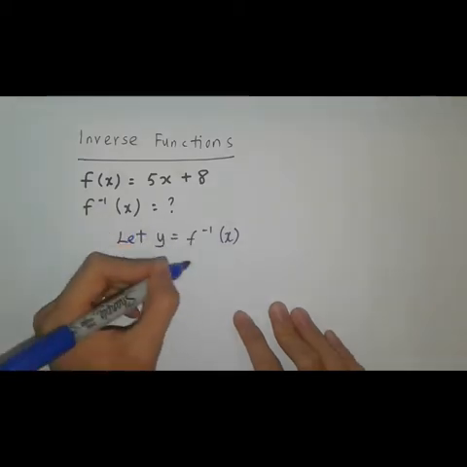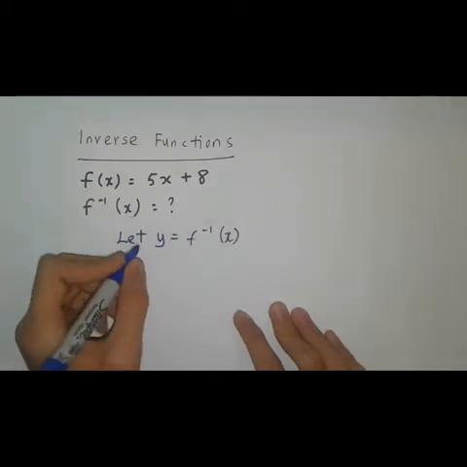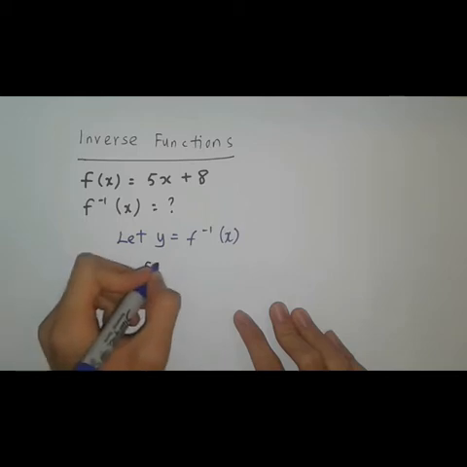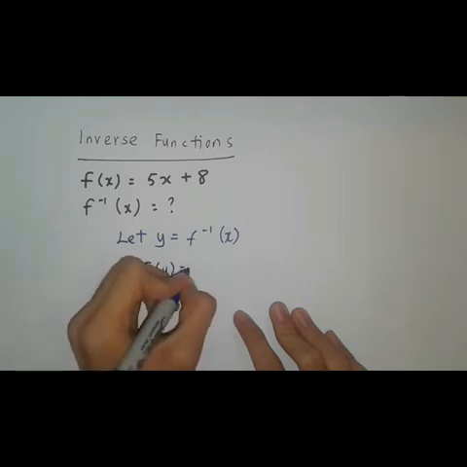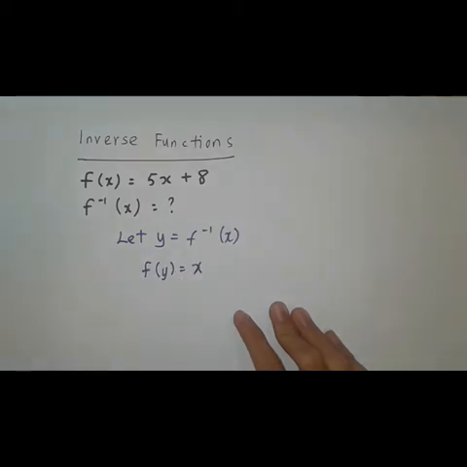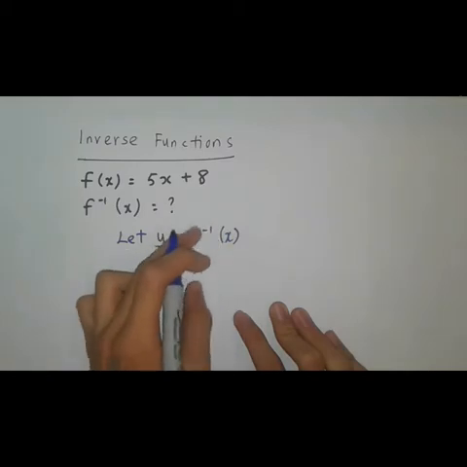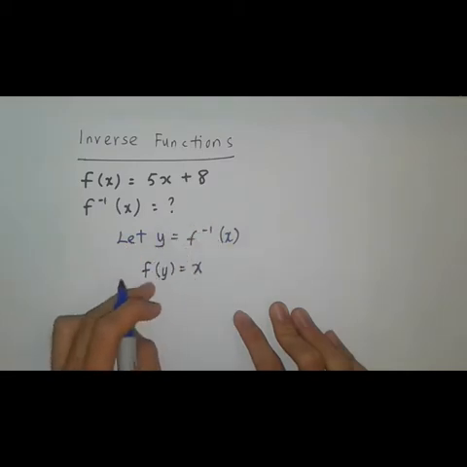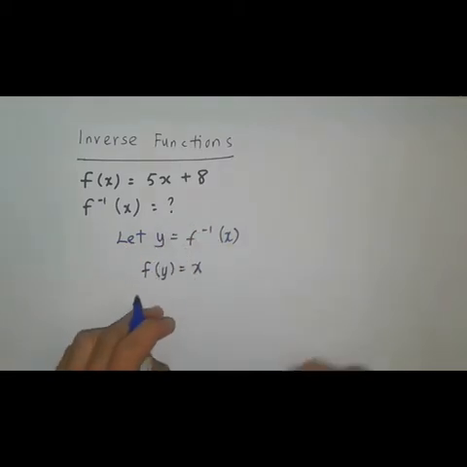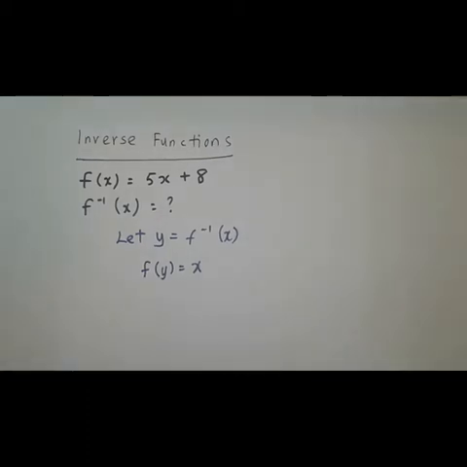When I move the inverse to the left hand side, it becomes f(y) equals x. So always remember, when I move inverse to the left, it becomes a normal function. So what is f(y)? You are given f(x) is 5x plus 8.